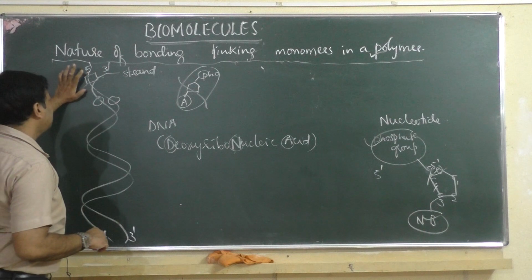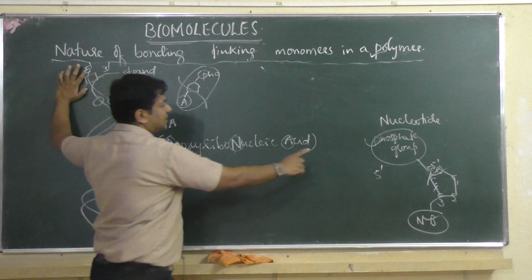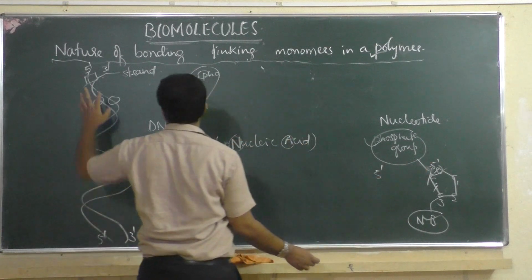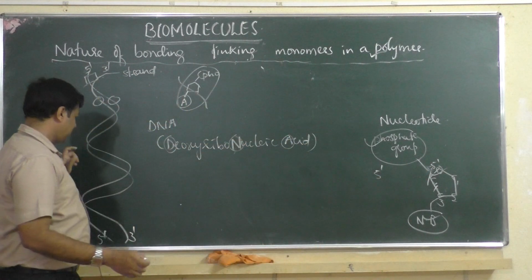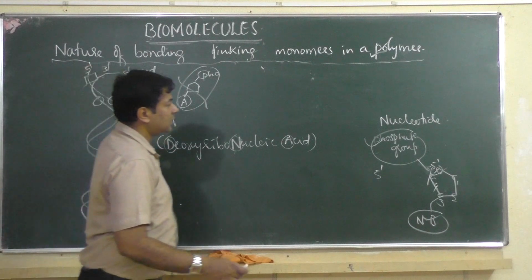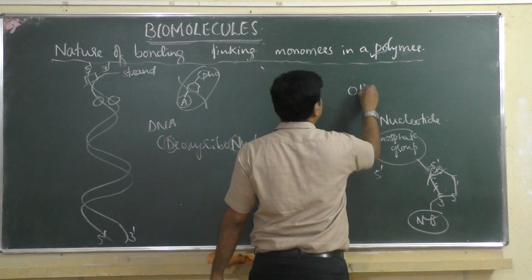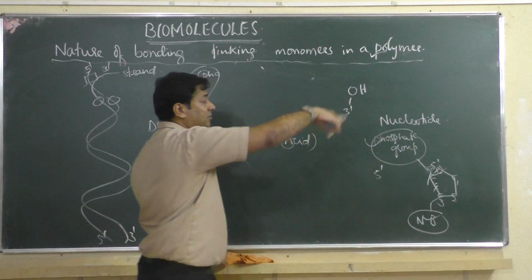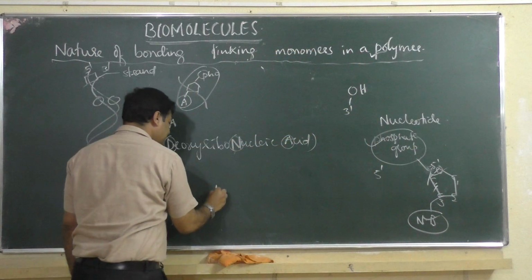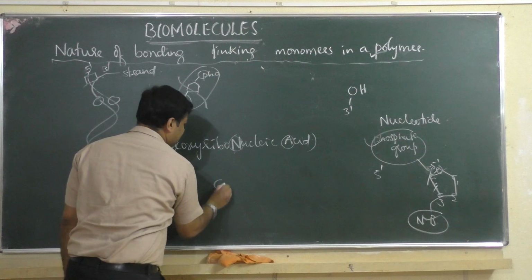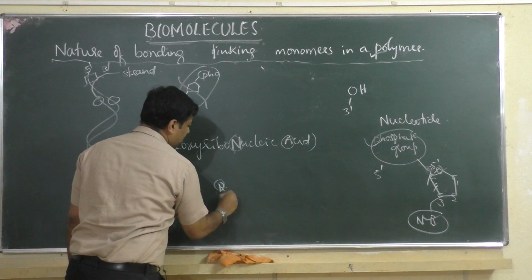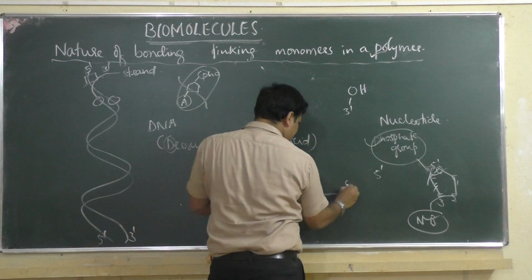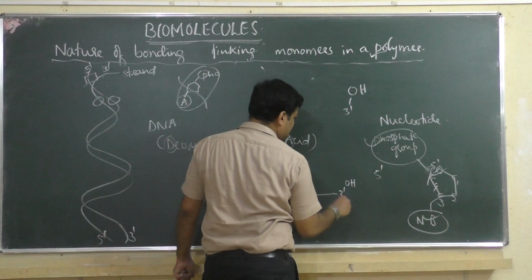5' end means where the phosphate group is attached to the 5th carbon atom, that's why it is called 5' end. 5 means 5th carbon atom. And this is called 3' because the OH group, hydroxyl group, is attached to the 3rd carbon atom at the end of that strand. Like you start with this strand where phosphate is attached to the 5th carbon atom, then at the end of this strand, the OH group will be attached to the 3rd carbon atom.